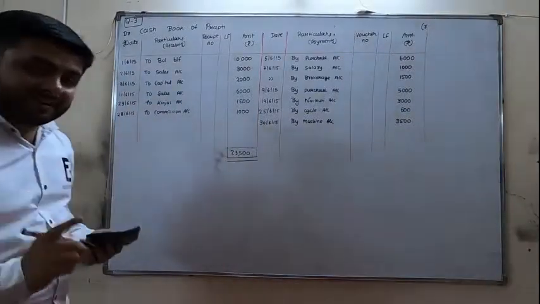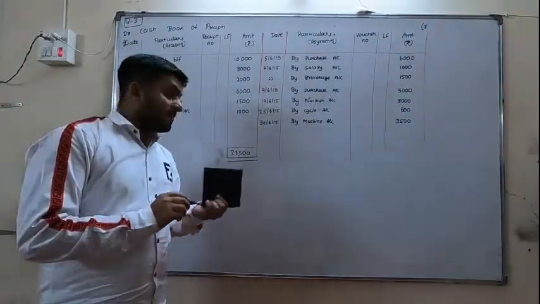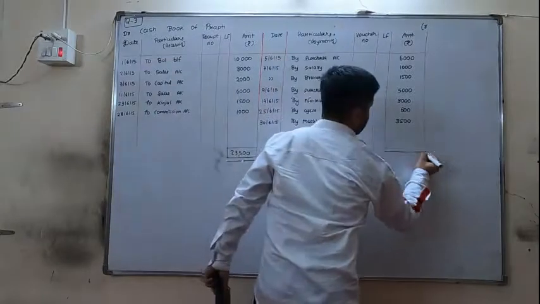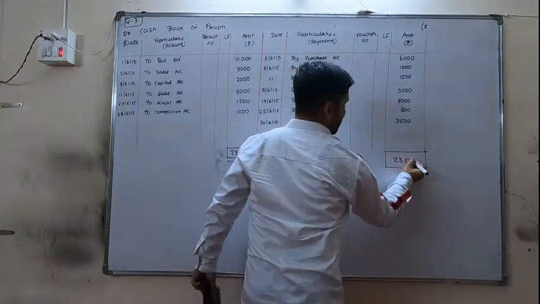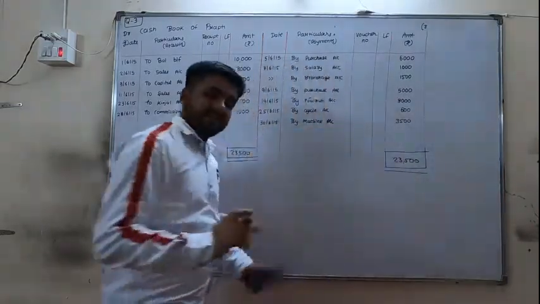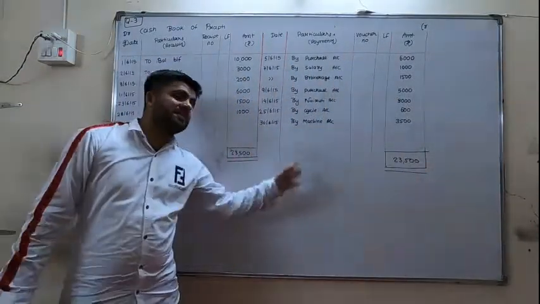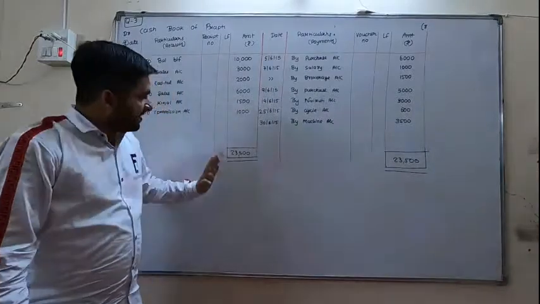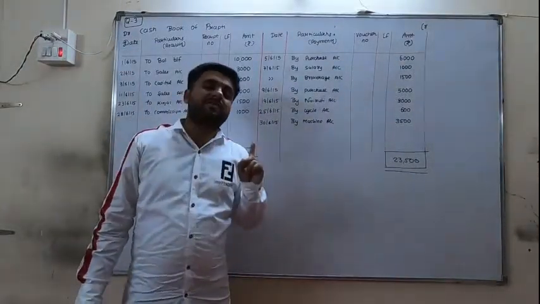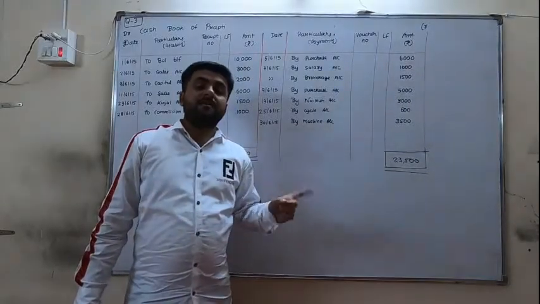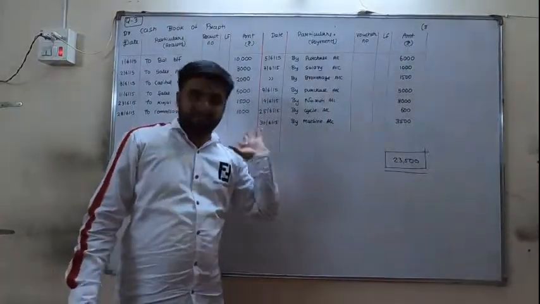Now the same total you write here also. You will think, why is sir doing like this? The total of this side is actually less. But why I am writing 23,500 is that in accounts, you know, debits are equal to credits. So the total of the side that is more should be written on both sides. In accounts this is the rule.